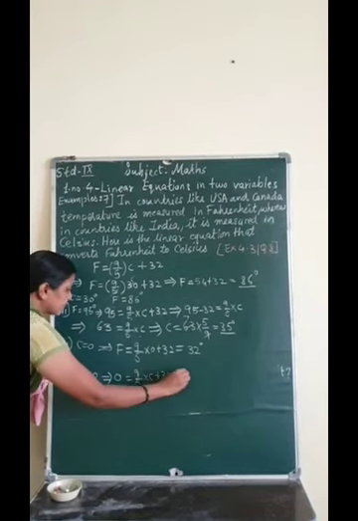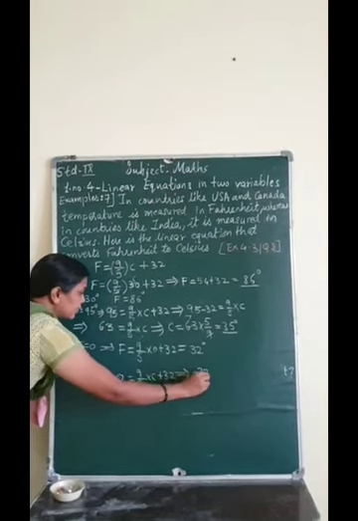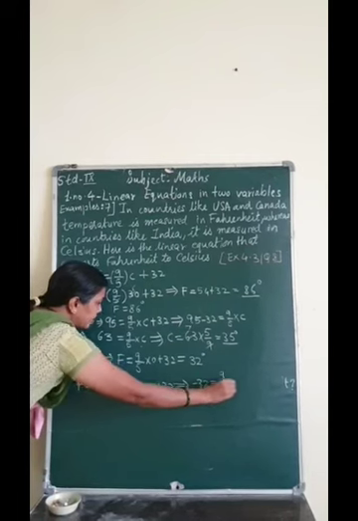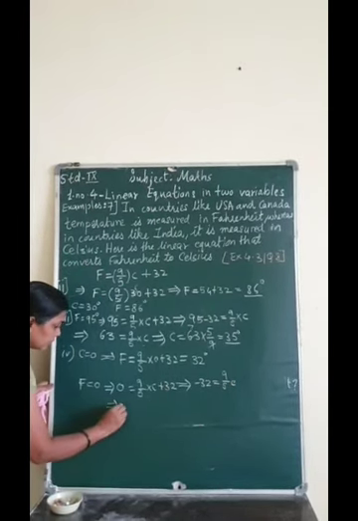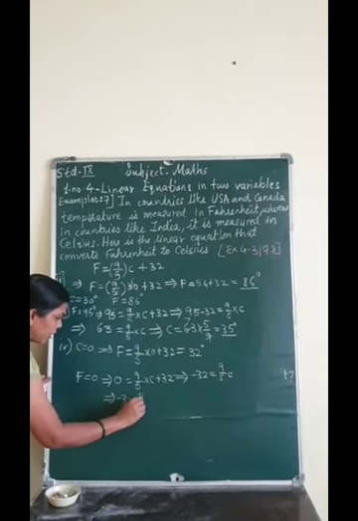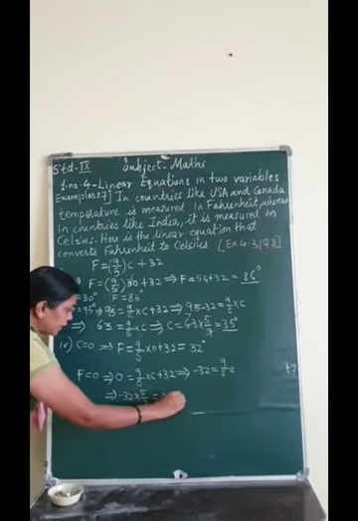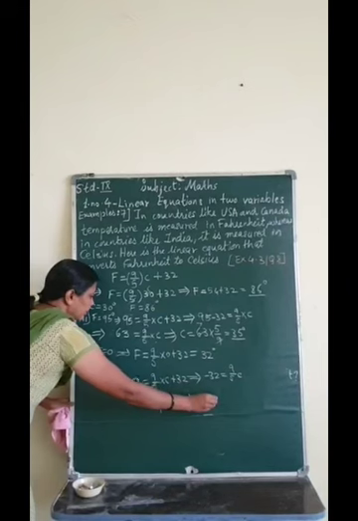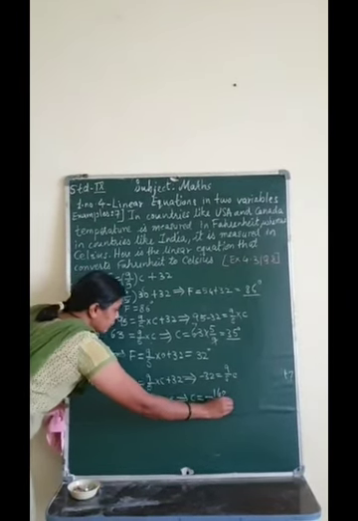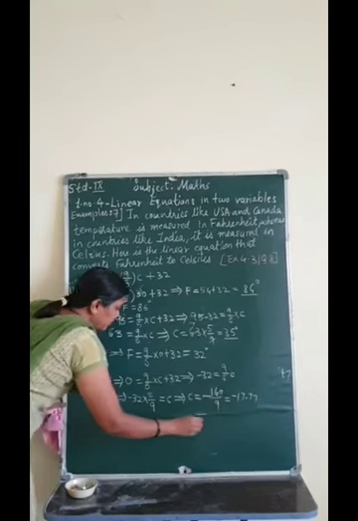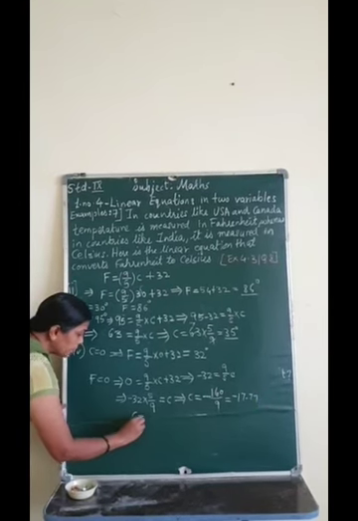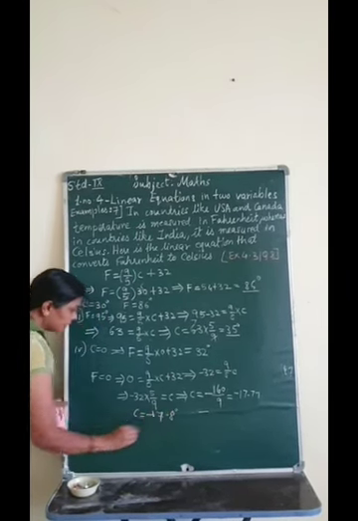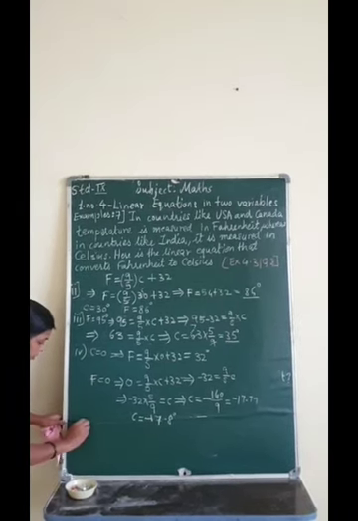Transposing this 32 here, we get minus 32 is equal to 9 upon 5 C. Now it means minus 32 multiplied by 5 upon 9 is equal to C. So finally we get C is equal to minus 160 upon 9, which is minus 17.77, means here we get C is approximately minus 17.8 degree.